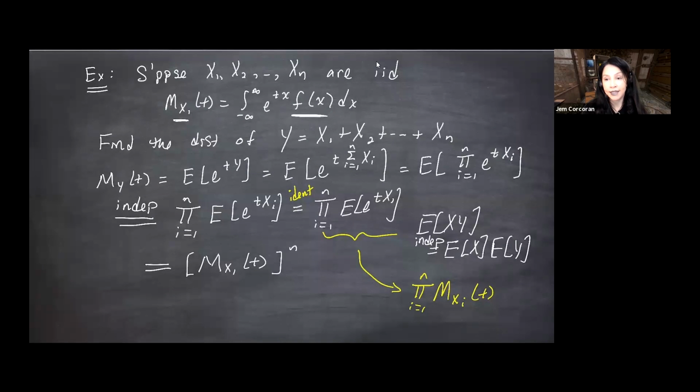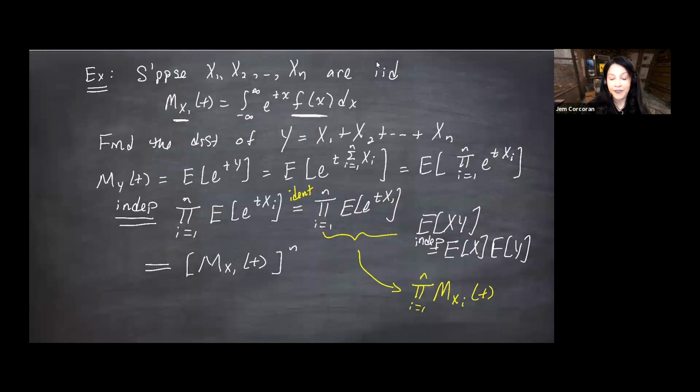If they were not identically distributed and had different moment generating functions, I can still express the moment generating function of the sum in terms of the individual moment generating functions. But it gets even simpler if they all have the same moment generating function.